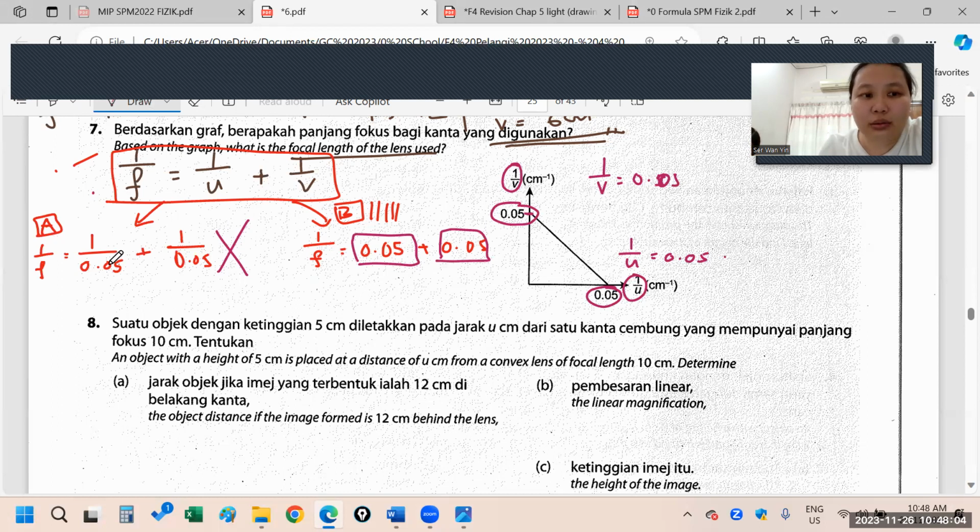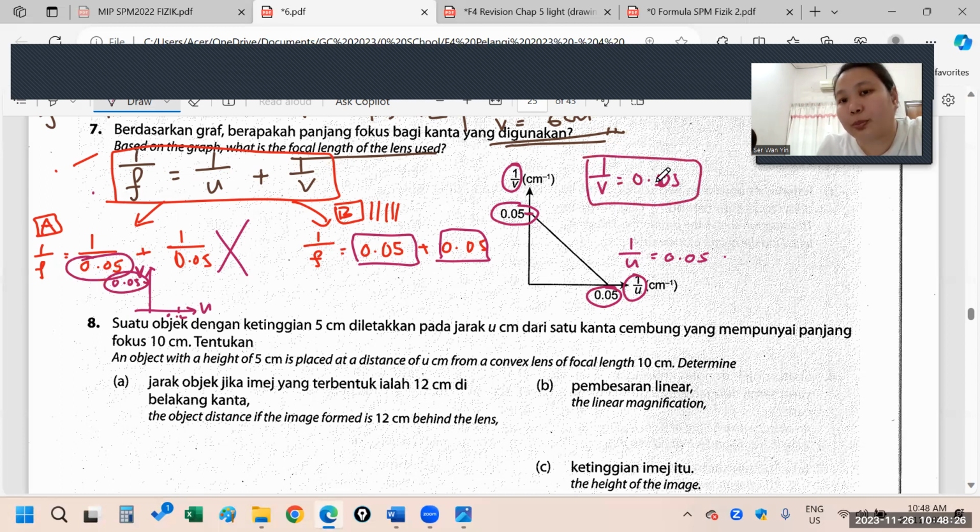Done. So this one is when the graph is like this, V and U, 0.05, 0.05. From the graph, if they say this axis is V, then only you substitute V and U. But here, 1/V equals 0.05. Substitute all.